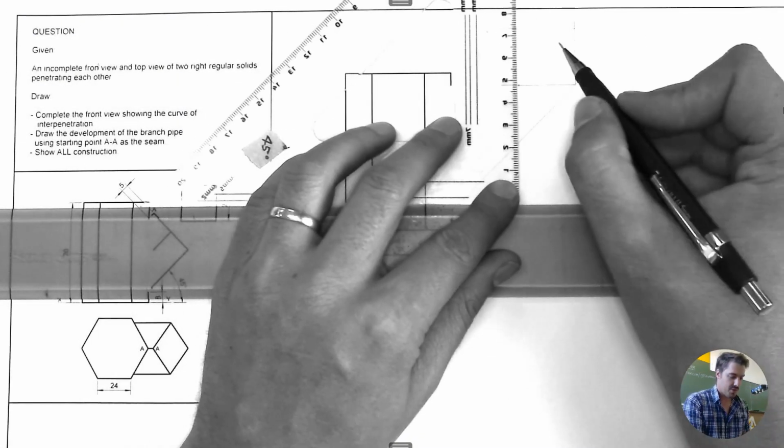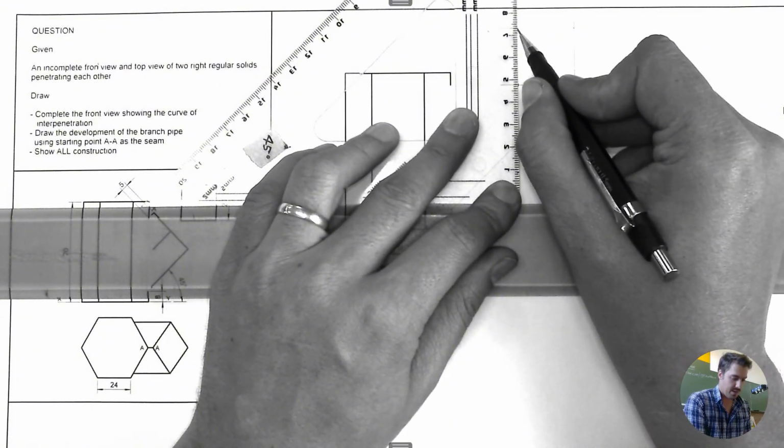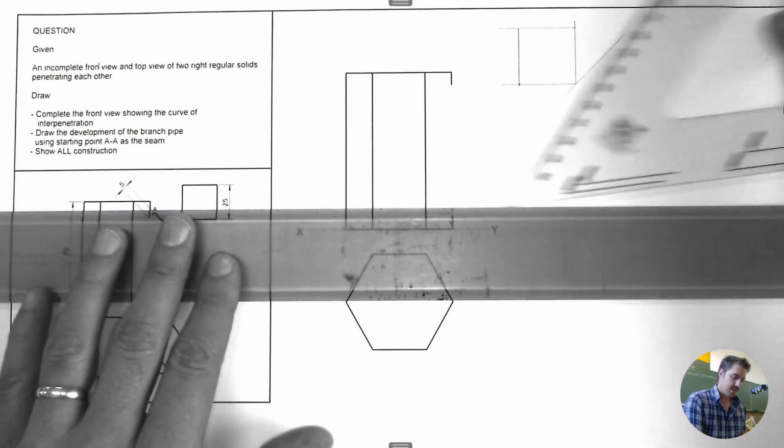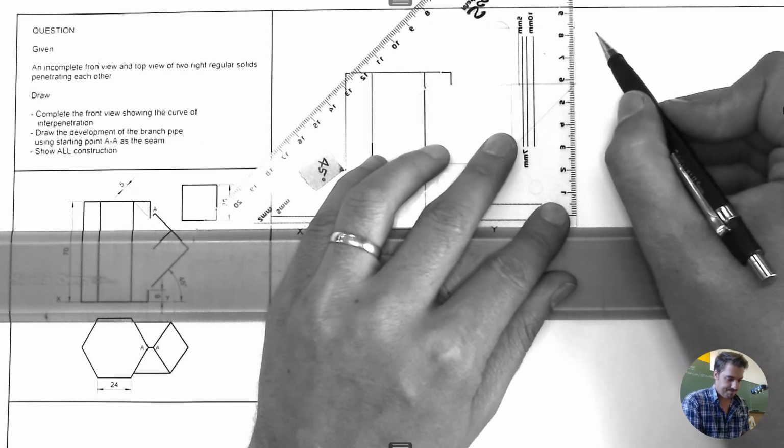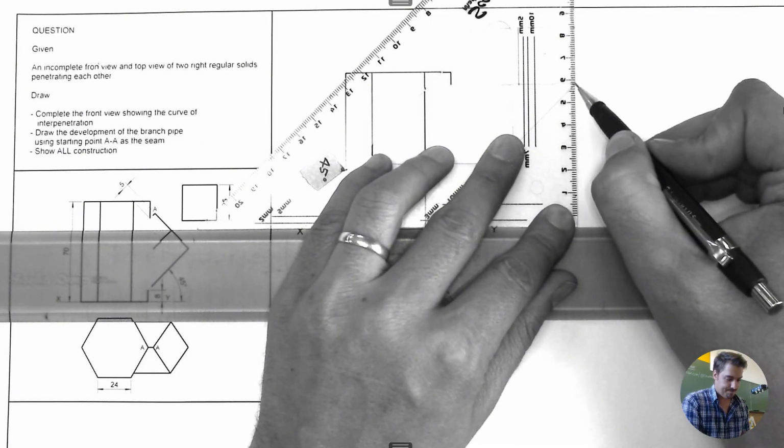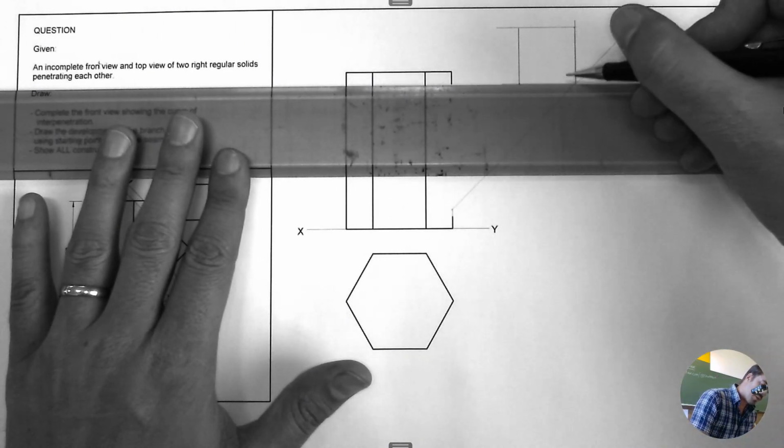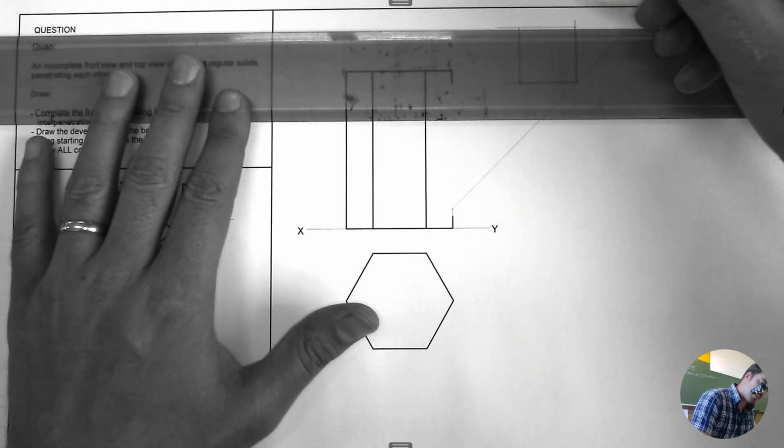Okay, normal square, 90-degree angles, nothing special about this. Okay, there we go, the bottom and the top.